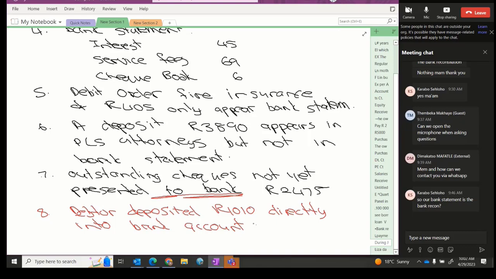So if people are paying directly into your bank account or payments are made like that, then it's not in your books yet, but you have to do it in your books so that you can show who paid what and so on.